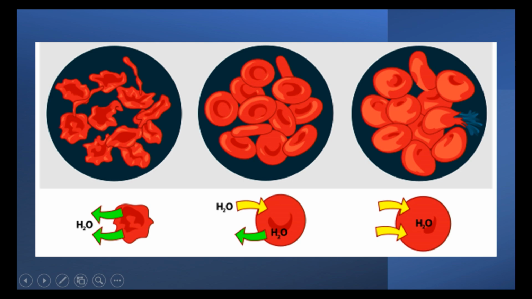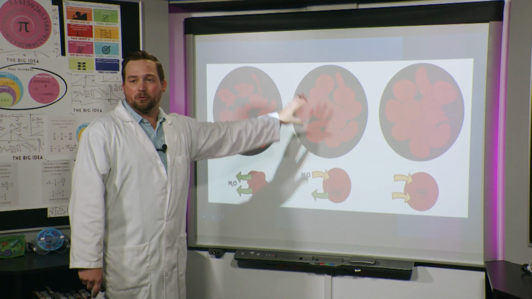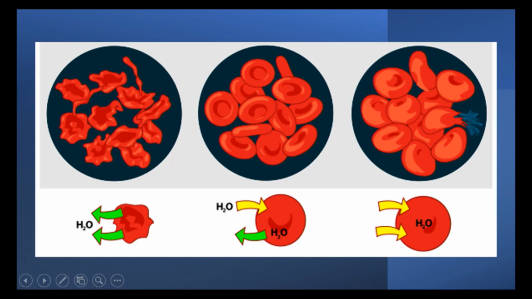If the water's leaving the cell, it's going to shrivel like a balloon that you're letting the air out of. Okay, in the middle, this is the situation that your blood cells are in right now. There is an equal amount of solutes inside and outside, and so you can see that there's two arrows here. Some water's coming in, some water's going out, but they're in an equal amount, so the overall size of the cell is not going to change.